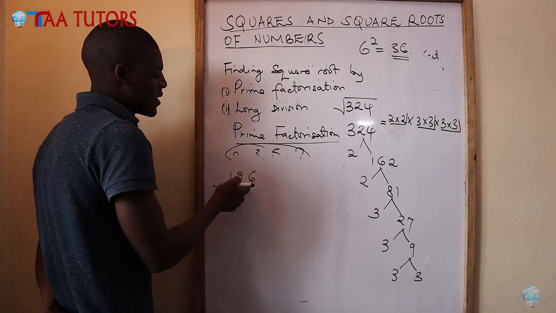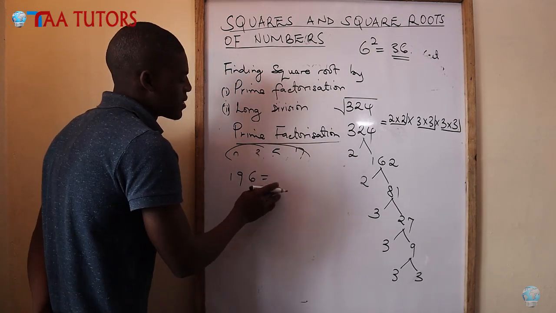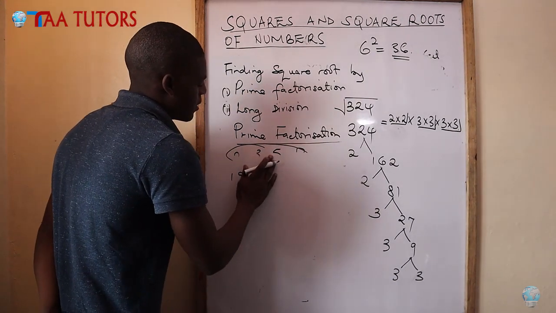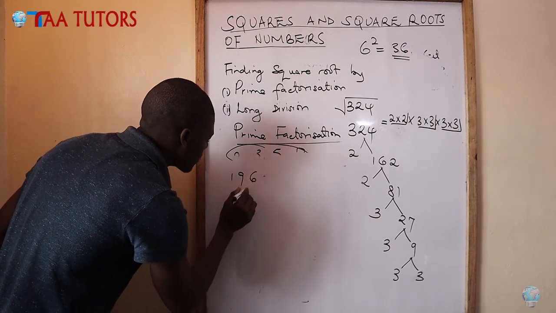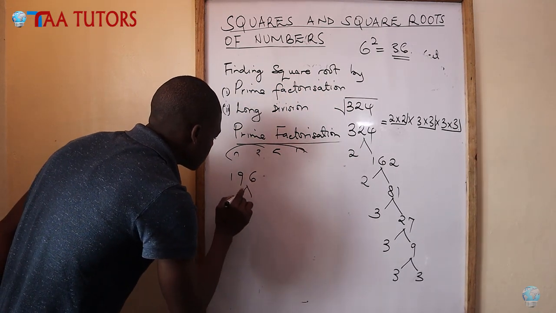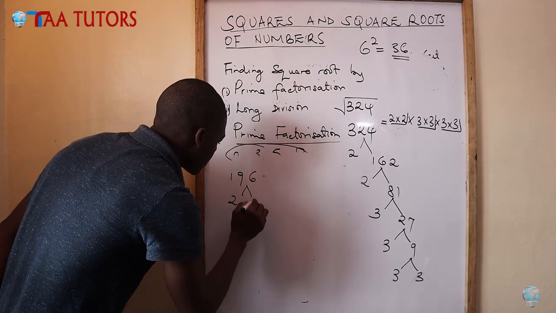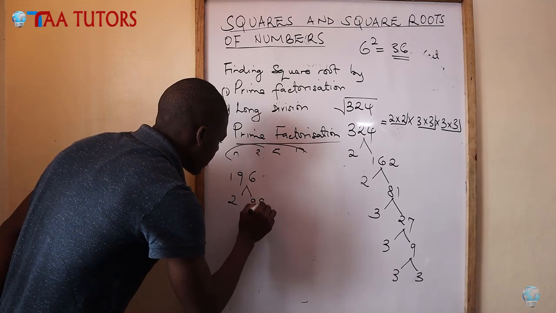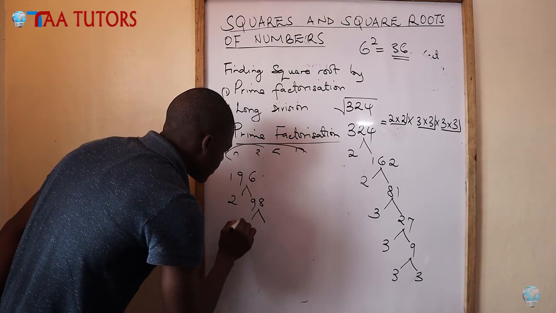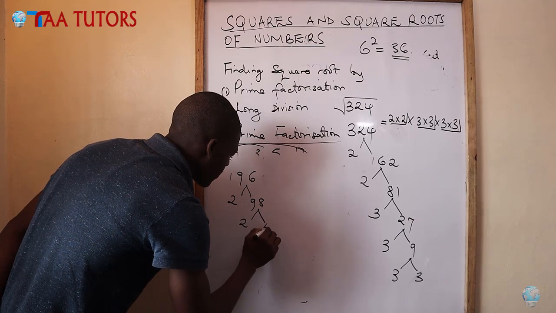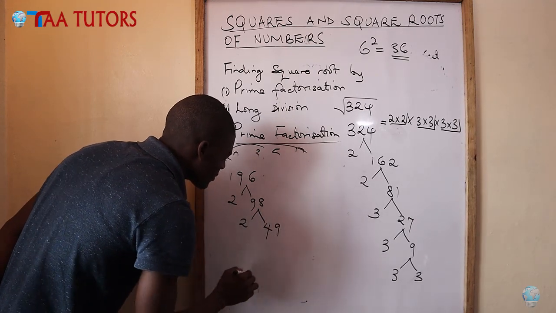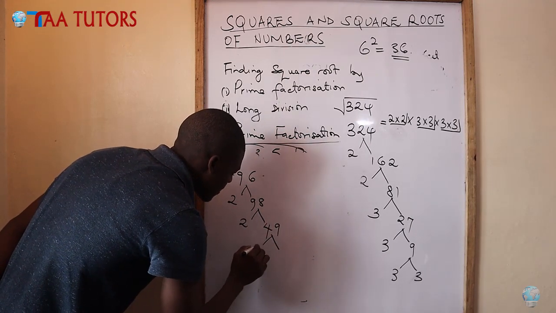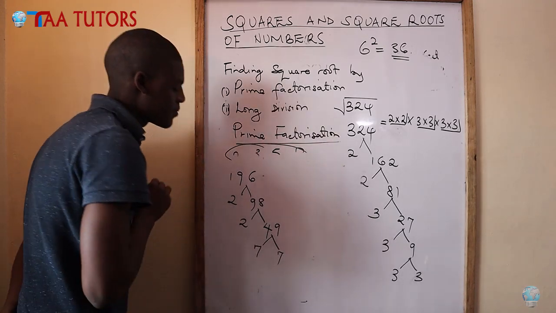First we express 196 as a product of its prime factors. We will have 2, that one is 98, 2 again we will have 49, then this one is 7 by 7.